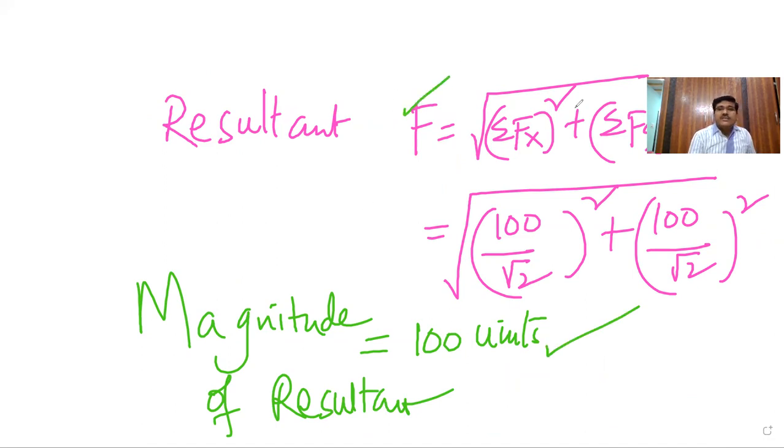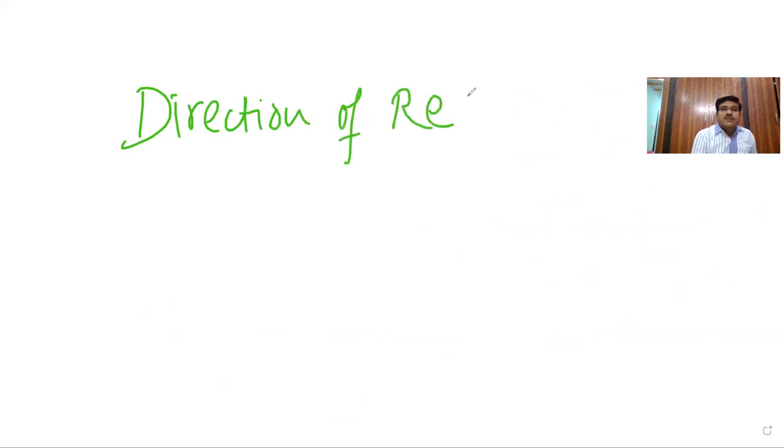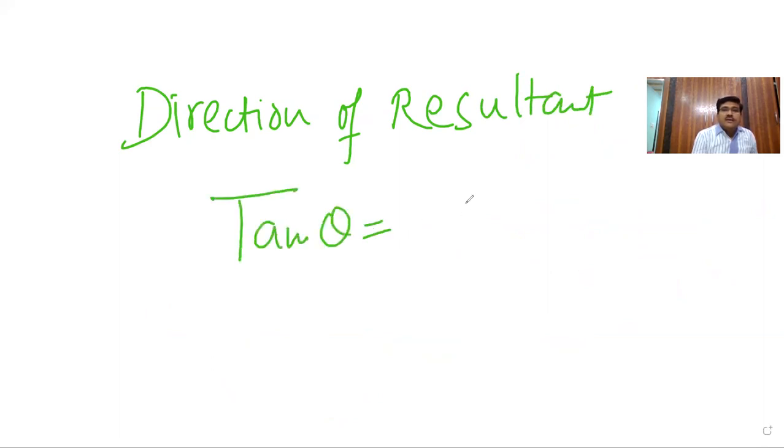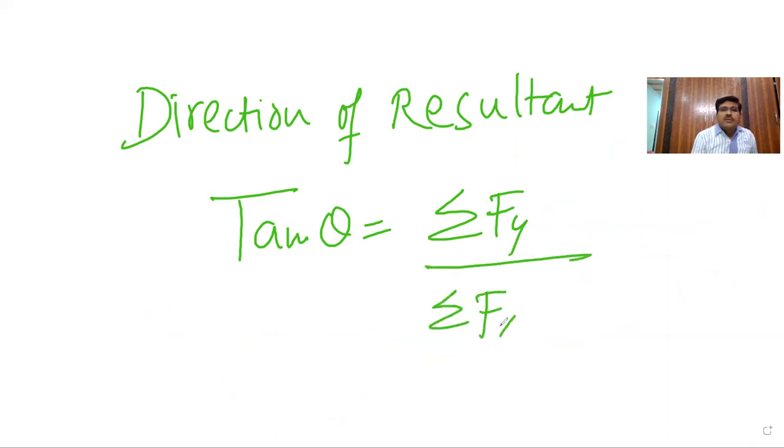Now, what is the direction? The direction also I need. The direction of the resultant: tan theta equals sigma of all the y components over sigma of all the x components.